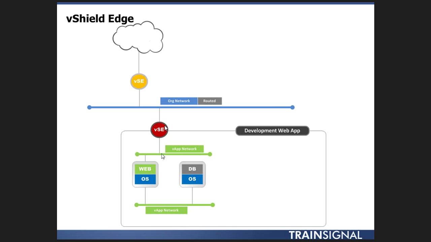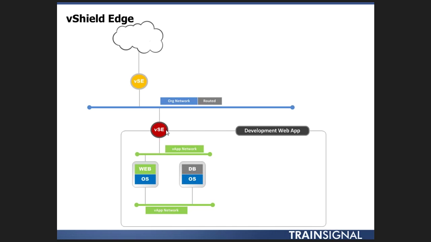It's actually on my vApp network. And the second one is on an organization level network. So I can have multiple layers of security. This organization level vShield Edge protects the entire organization, and this vApp vShield Edge protects this particular vApp. So it isolates the vApp.